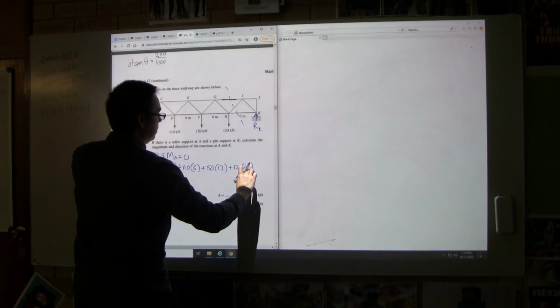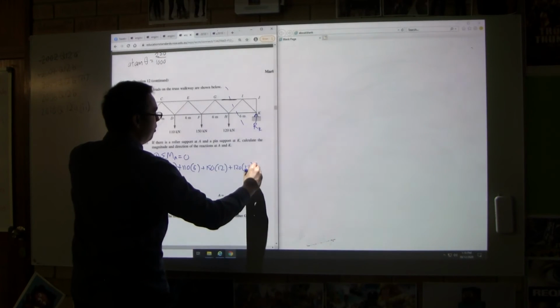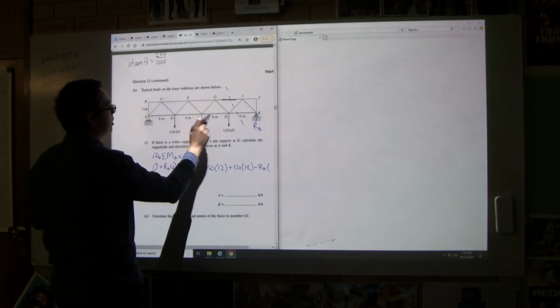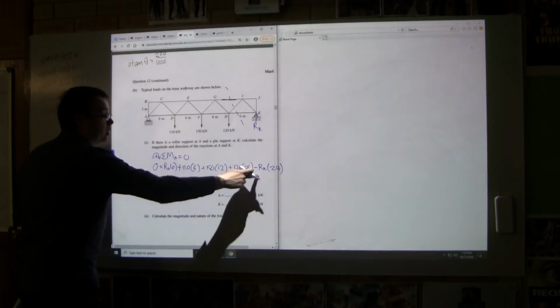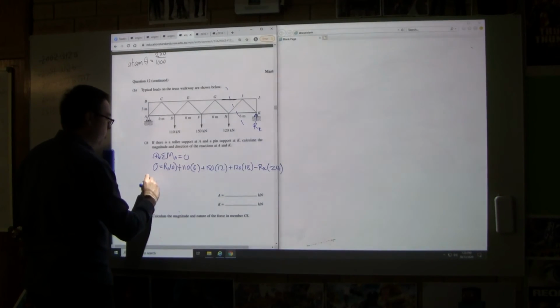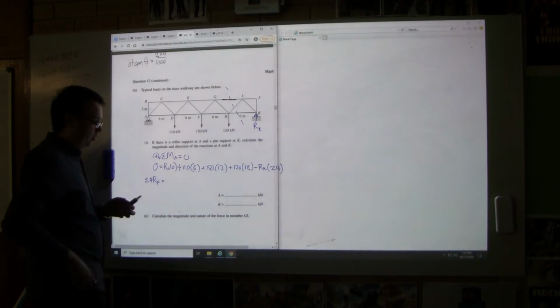Yeah, 18 is 180. And then I have minus RK, and RK is 24 away. I can move that over and change the sign, so 24 RK equals, and then I just add these up.